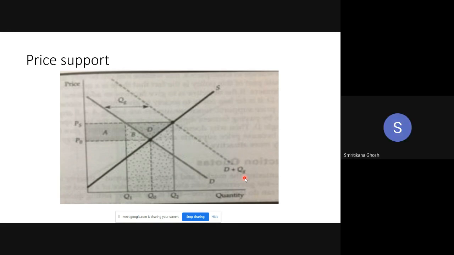Ma'am, B plus D. No, no. Ma'am, Q2 minus Q0 plus D. No. Think of it.